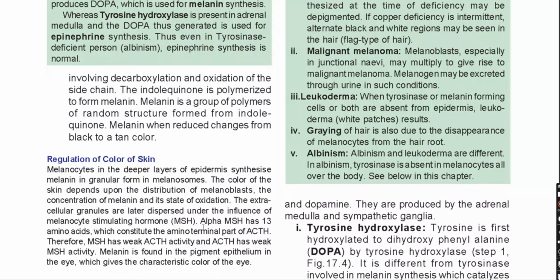Alpha MSH has 13 amino acids, which constitute the amino terminal part of ACTH. Therefore, MSH has a weak ACTH activity and ACTH has a weak MSH activity. Melanin is also found in the pigment epithelium in the eye, which gives the characteristic color of the eye. So this is the regulation of skin color.